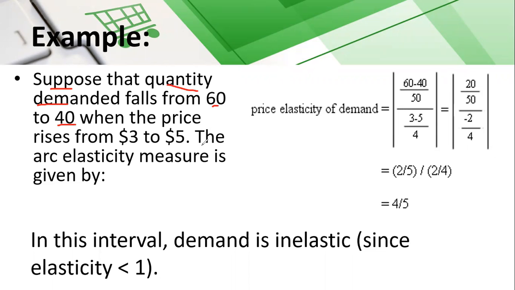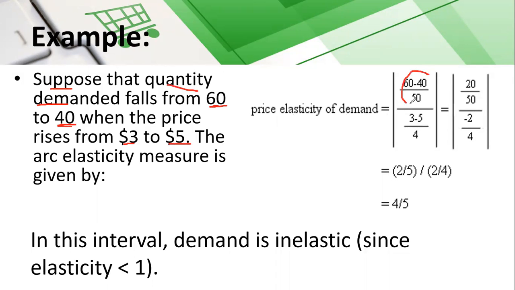The arc elasticity measure, meaning price elasticity of demand, is equal to 60 minus 40 divided by 50, over 3 minus 5 divided by 4.